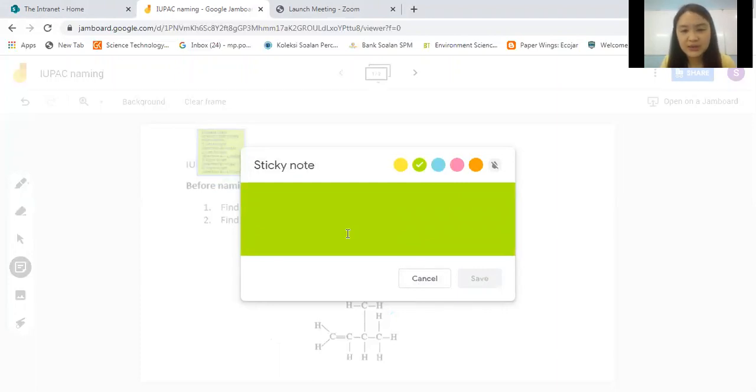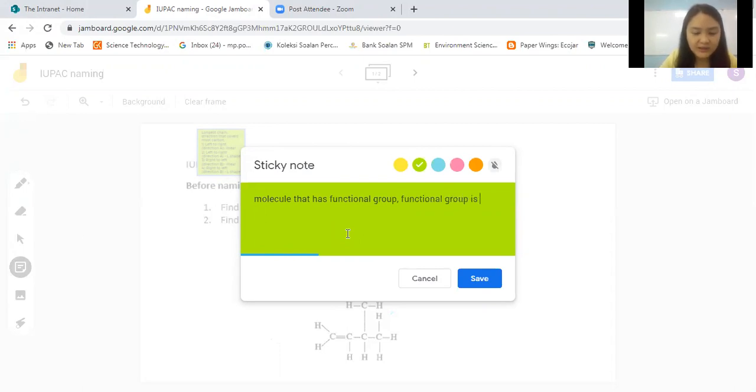The next thing you need to understand is that whenever you've got a molecule that has a functional group, please always make sure that the functional group is part of the longest chain. So remember, to identify your longest chain, you can go for direction A, which means left to right, linear, or direction A, L shape.